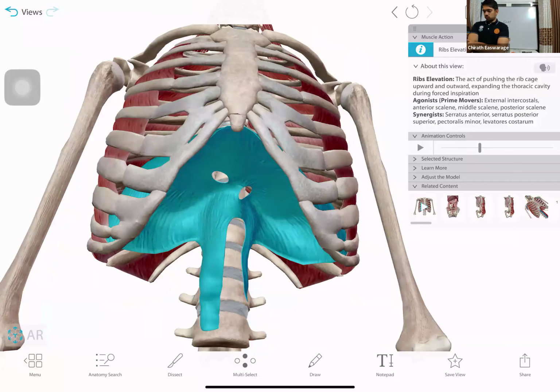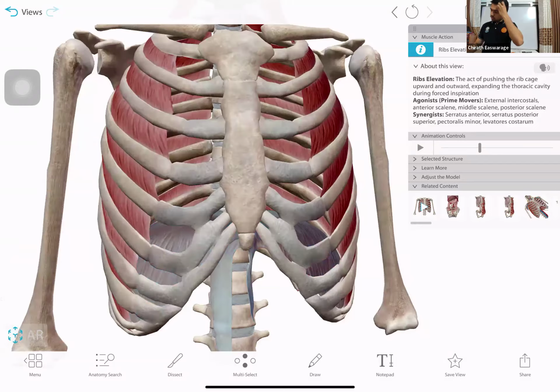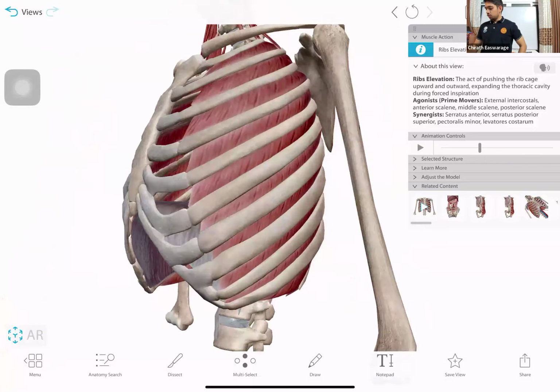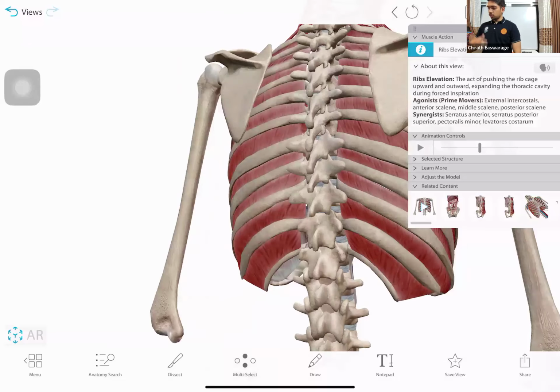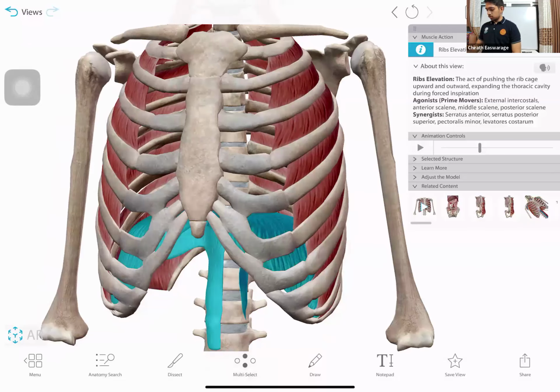Come on. What is that sheet of muscle? This is the diaphragm. Those are the two muscle groups that we need to do quiet respiration, to breathe normally: the intercostals and the diaphragm.